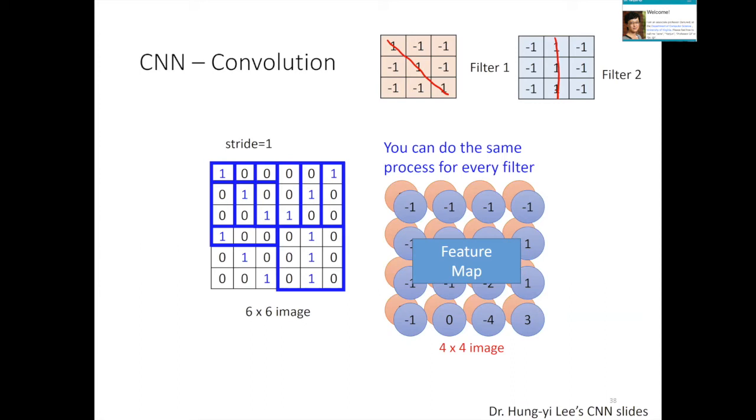So like this -1 here is on the left, so this represents the upper left corner, and the 3 represents the lower right corner. So this kind of convolution operation still keeps the spatial relationships between the windows.